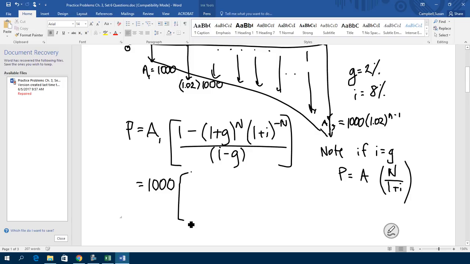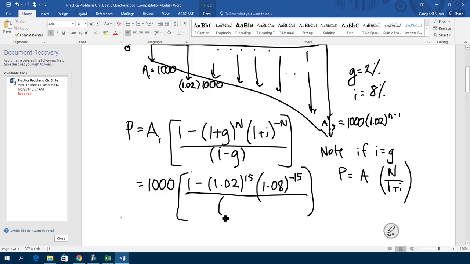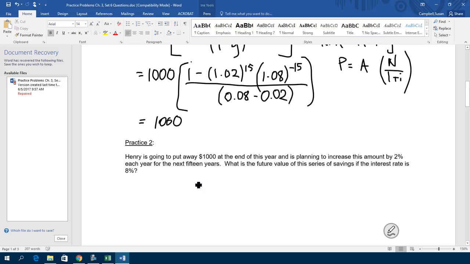A1 is 1,000, 1 minus 1.02 to the 15, times 1.08 to the minus 15. So it's pretty easy to make a mistake here. And when I multiply this whole factor out, I'll do it out for you, I guess. Let me make some more room on this piece of paper.